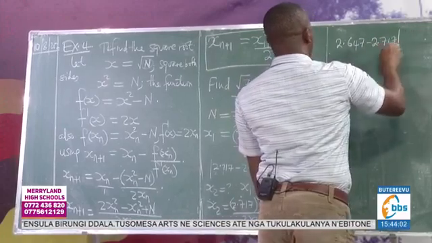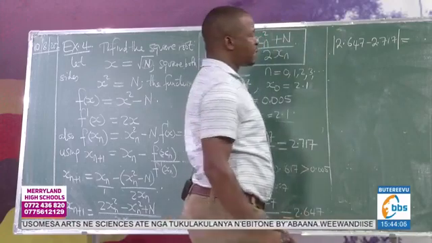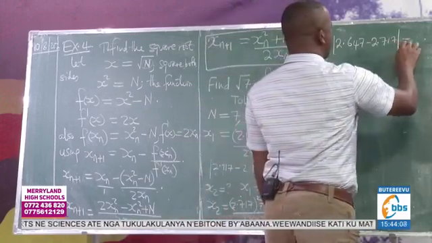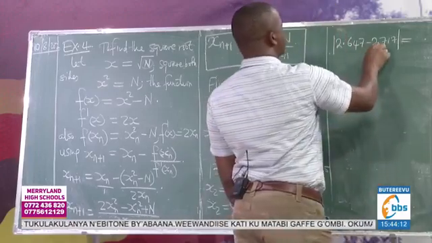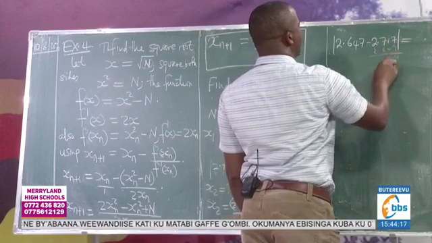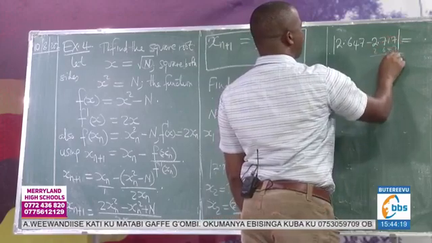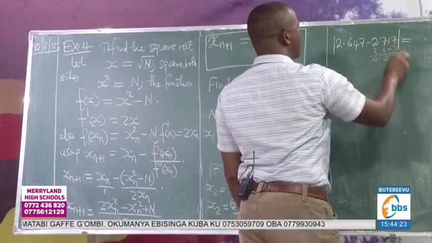We use the modulus so that even if the answer is negative, the modulus automatically makes you write the positive equivalent. If we subtract from here, you notice you'll have a 0, you'll have 11 minus 4, which will be 7. You have a 6 here, which is a 0.